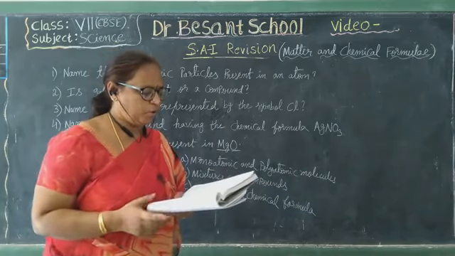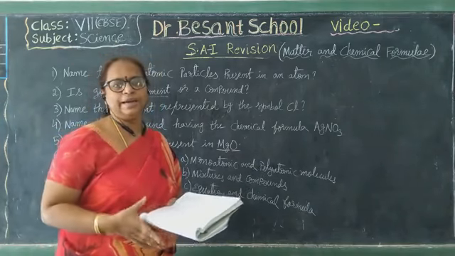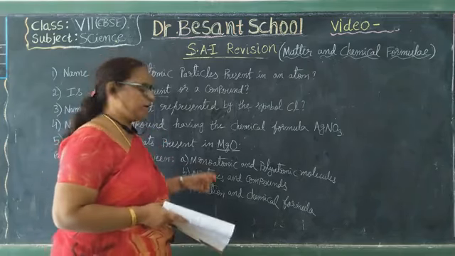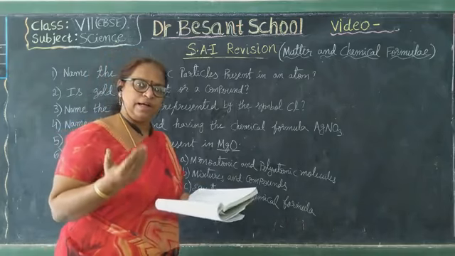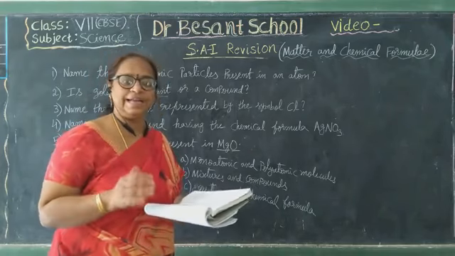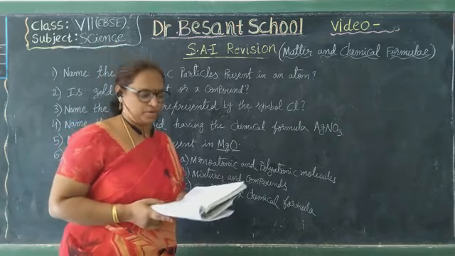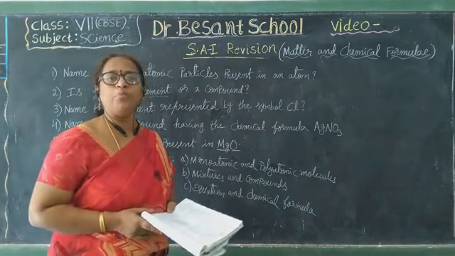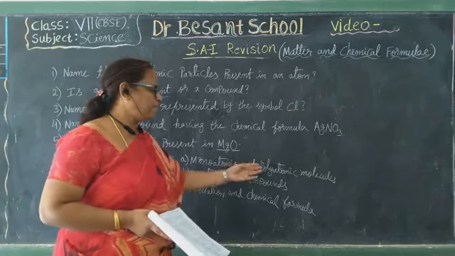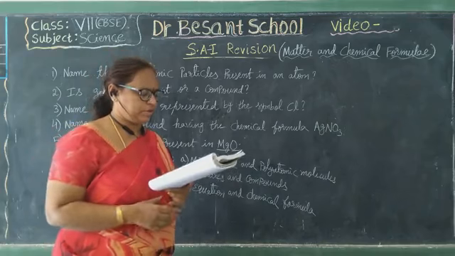Monoatomic chemical species can be ions or inert gases. Inert gases are those which have stability with 8 electrons. Some polyatomic species are ions and some are molecules. Having many atoms, they are either ions or molecules.